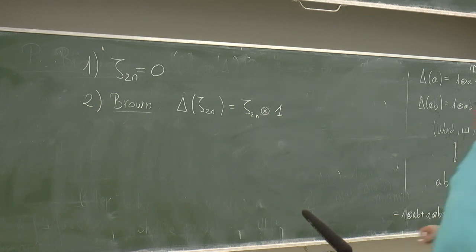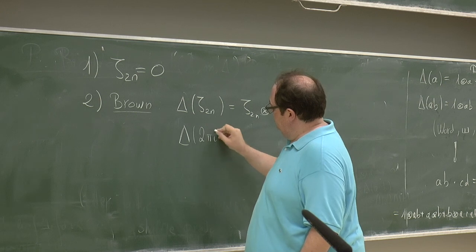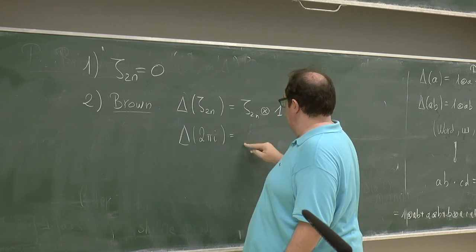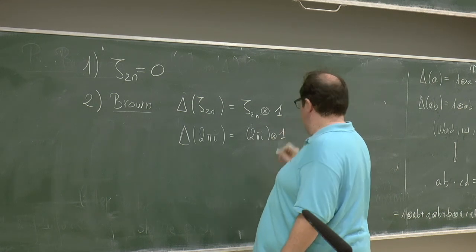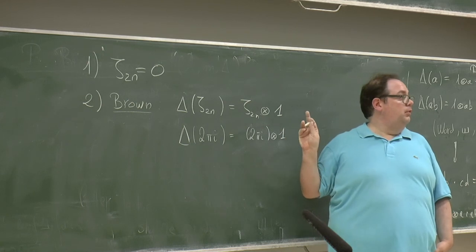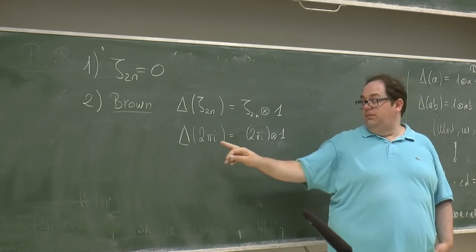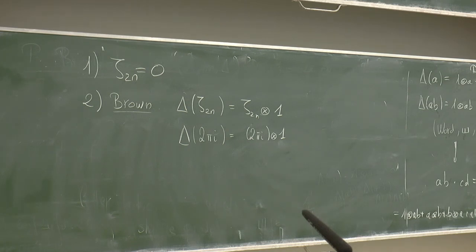Because actually what you're doing is, since zeta 2n is just a power of pi, it actually comes from here. And what is 2 pi i? 2 pi i is precisely the thing that characterizes the discontinuities of something in this world.